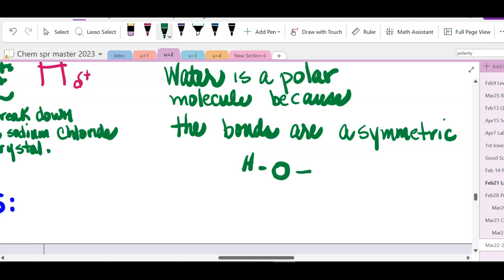They're not like this, are they? If these were arranged like that, this would not be a polar molecule, even though it had polar bonds. But because it's more like this, that's what asymmetrical bonds mean. They're not symmetrical.